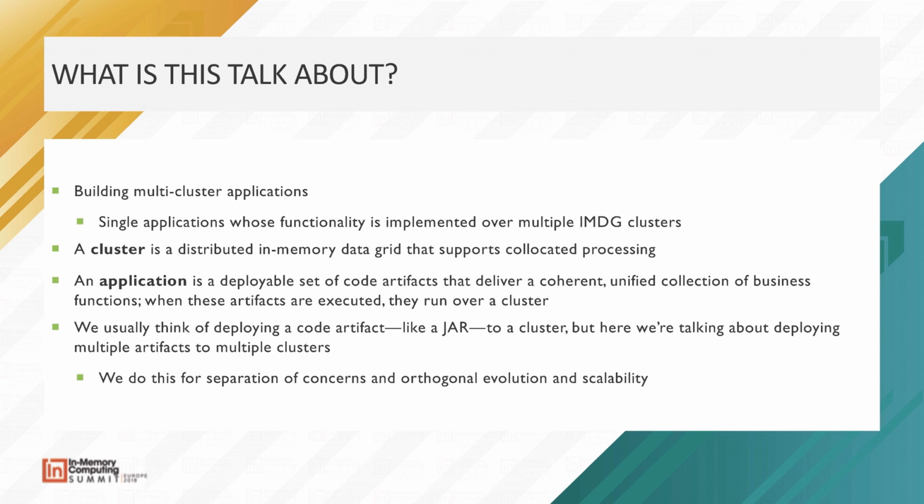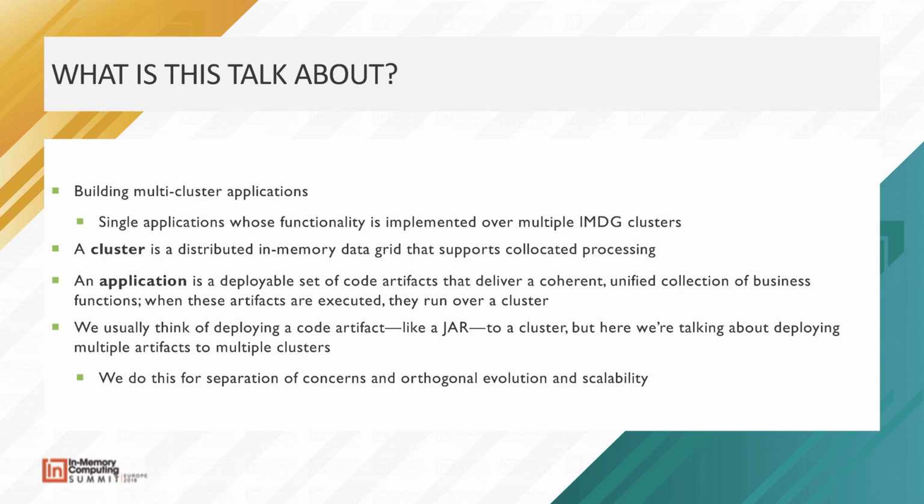I'm defining an application as a deployable set of code artifacts that deliver any kind of coherent, unified collection of business functions. These artifacts are deployed and executed over a cluster or more than one cluster.